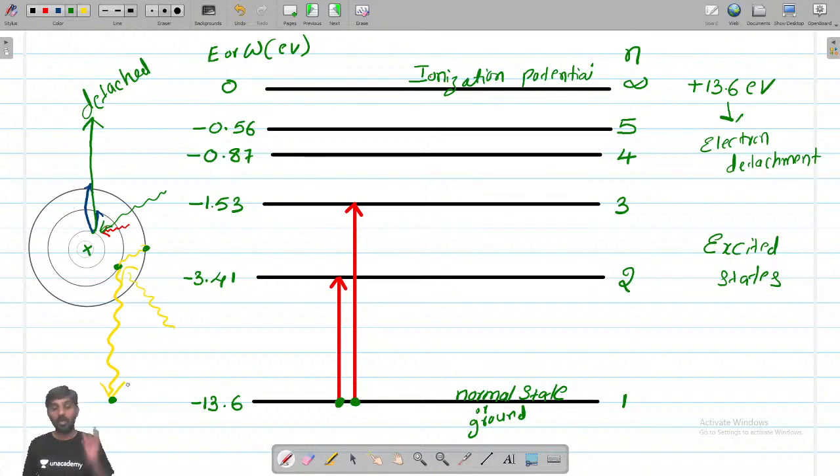Already one electron is there, you get another electron, and an ion is formed. So if the supplied energy is more than the ionization potential, you will get one free electron, which is the bombarded electron, another electron, and an ion. So three things will form.